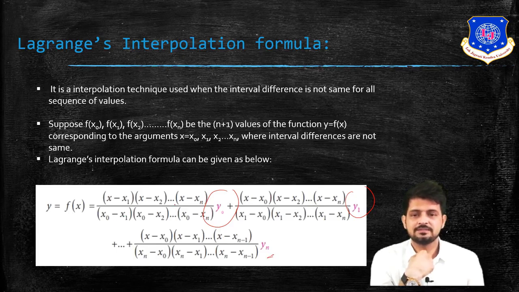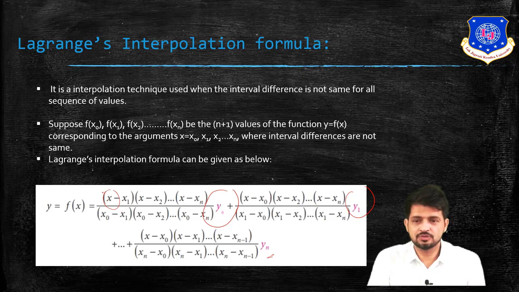Along with this, we have to take the values of x, we have to take the differences of x. How we are taking the differences? Here you have to subtract from x the values, because we are writing for y0, in the first term, we have to subtract the values of x starting from x1.